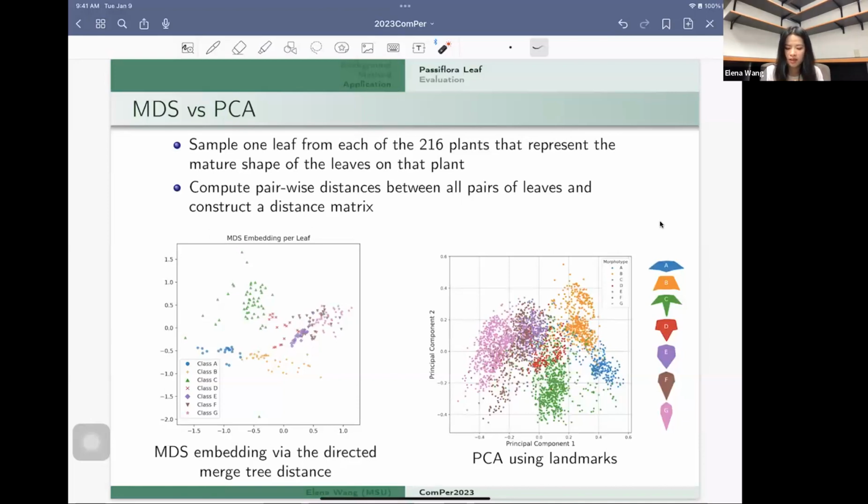So we actually see similarity in the separation: classes A, B, and C are quite separated, and the morpho classes that are similar have heavy overlap. This is a proof of concept that our distance is actually doing something correct.